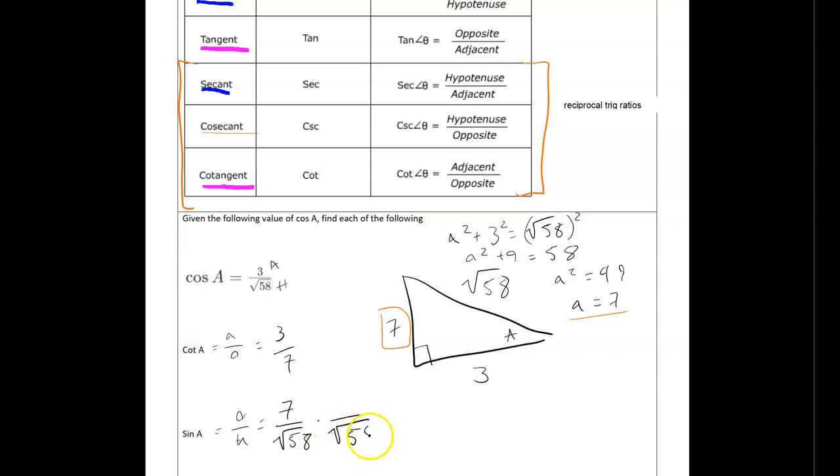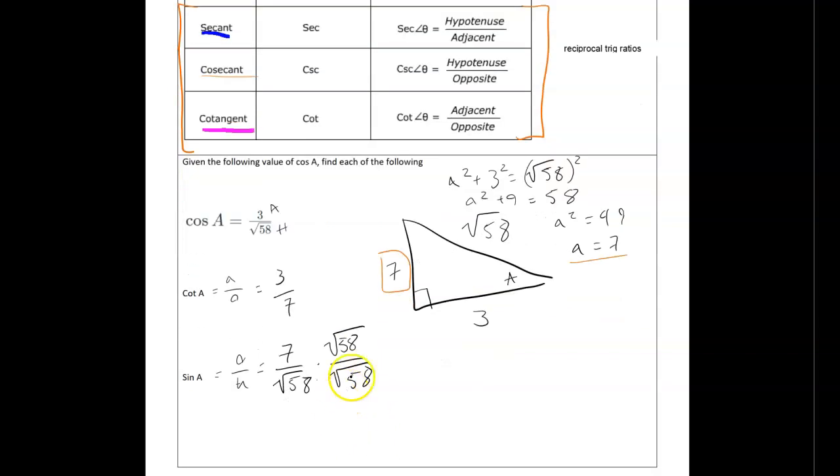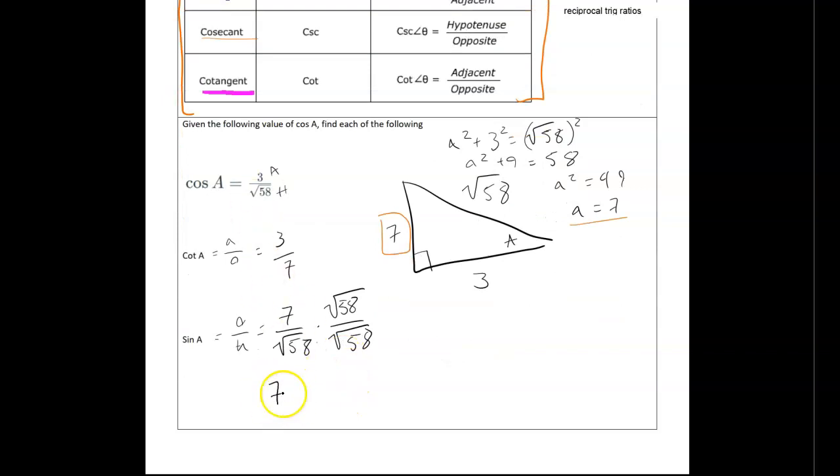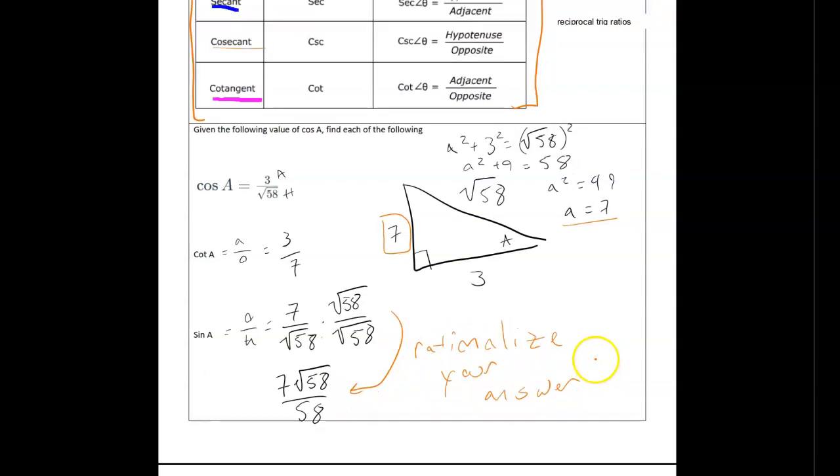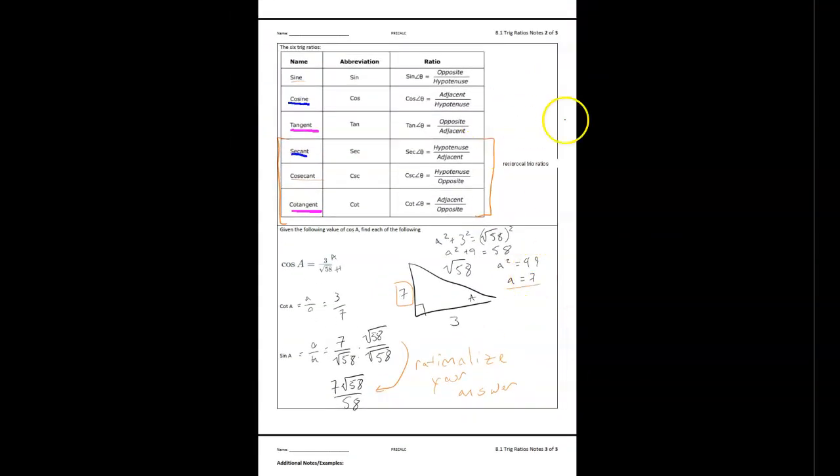I'm going to say square root of 58 over square root of 58. And I'm going to leave it like this: 7 square root of 58 over 58. This is called rationalizing our answer. Okay. So notice, if I really wanted to, using my little table here, I could find all 6 of these, just given 1. So it goes back to this idea of once I know 2 parts of a right triangle, I can solve the entire triangle.